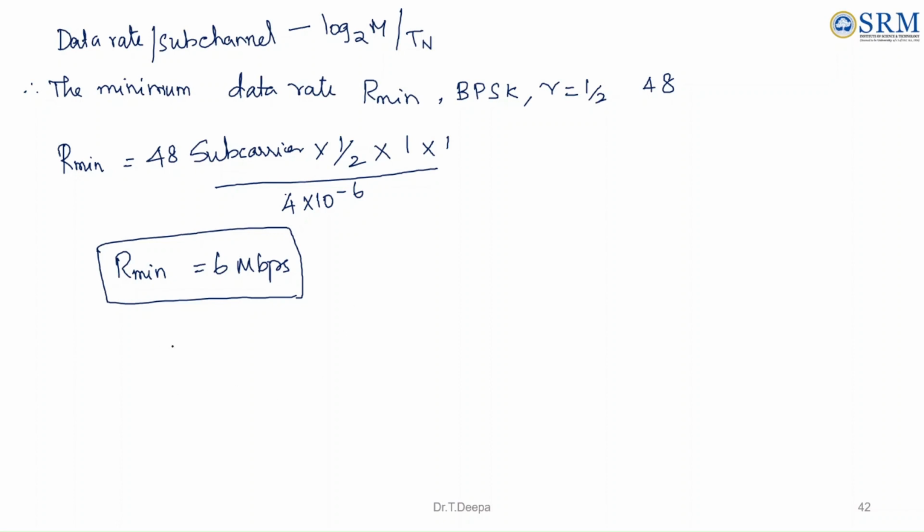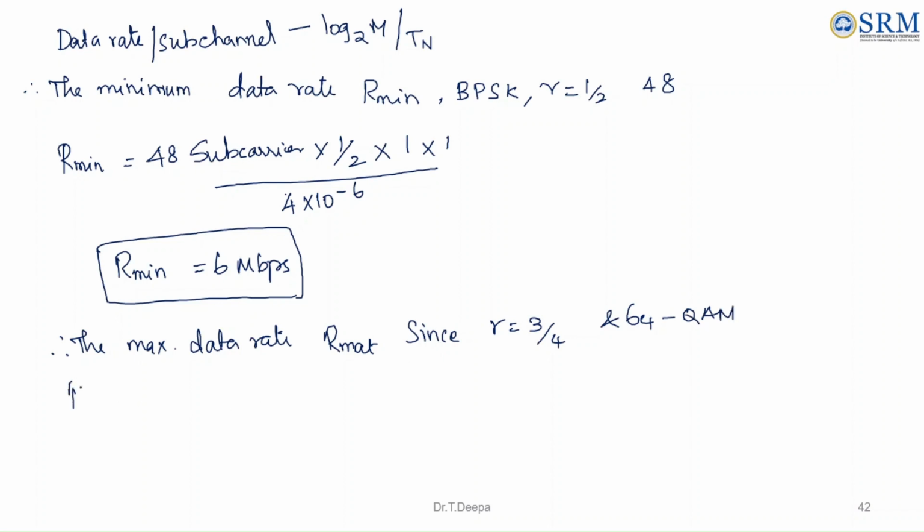Then what is the maximum data rate that can be transmitted? The maximum data rate R_max is with code rate r equal to 3 by 4 and 64-array QAM modulation. So R_max is 48 times 3 by 4, with M equal to 2 power 6, so 6 bits are required to represent one symbol.